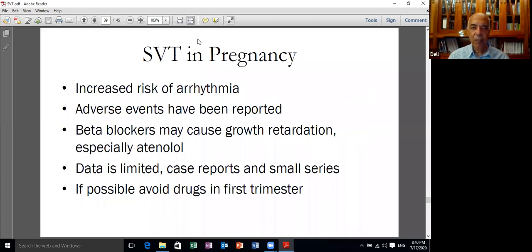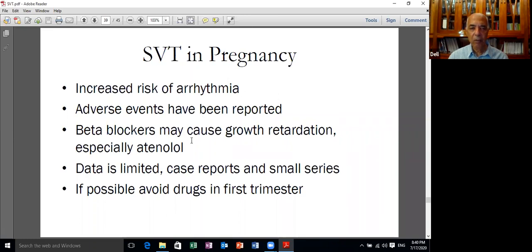So supraventricular tachycardia in pregnancy is common. You have a situation in which there is hypervolemia, increased cardiac output, and increased atrial stretch, so it paves the way to all kinds of supraventricular tachyarrhythmias. Adverse events have been reported because of placental ischemia from the rapid heart rate.